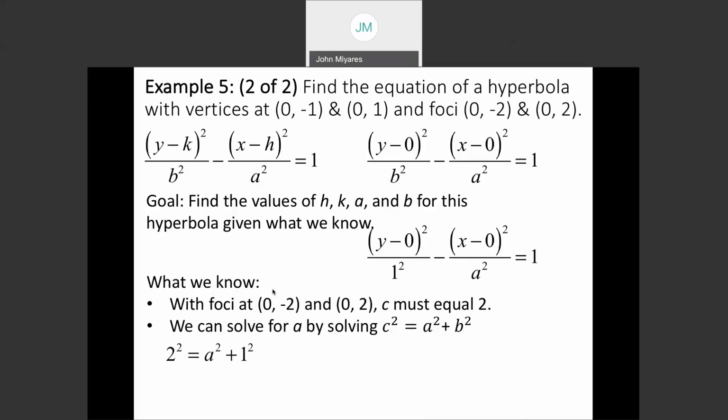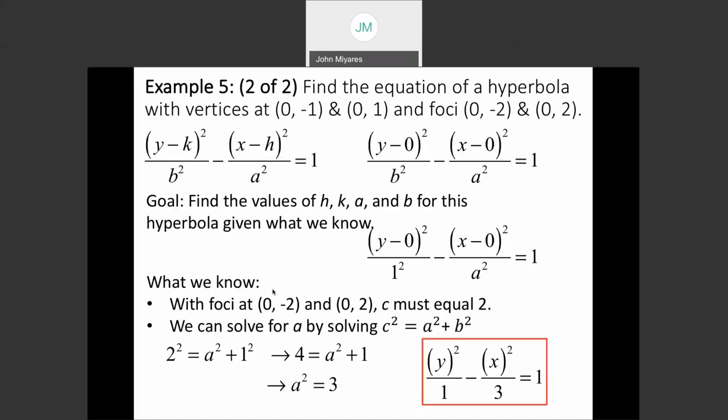Or in this case, we see 2 squared equals a squared plus 1 squared. And squaring this out, we get 4 equals a squared plus 1, which can be solved as a squared equals 3. Substituting that in here, we end up with a final answer of y squared over 1 minus x squared over 3 equals 1.